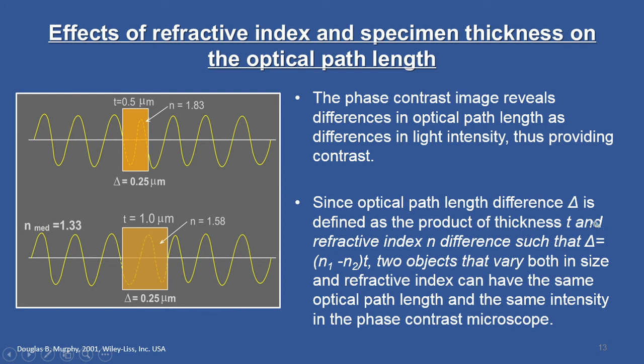Since it has this relation, delta equals (n1 minus n2) times t, you can have two objects with a different thickness and different refractive index to produce a similar intensity.